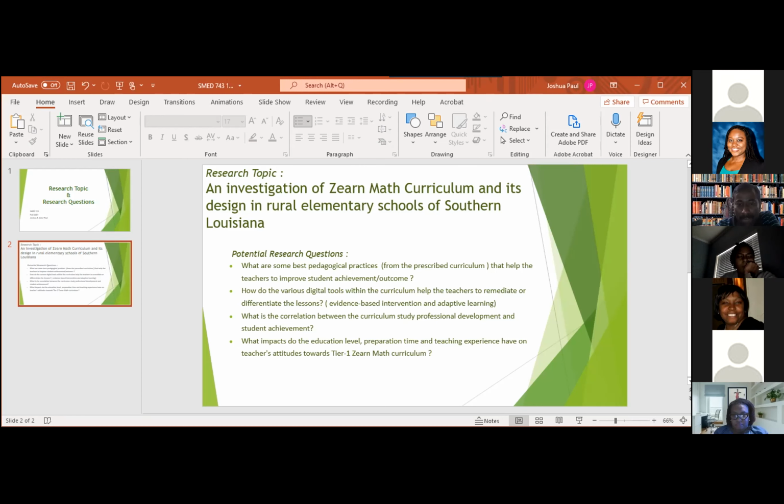So you're saying your focus is the pedagogical practices. Mm-hmm. So this is me just asking questions. You just named some pedagogical practices from the curriculum, right? Mm-hmm. And I'm assuming they're listed there because they help improve student achievement and outcome.